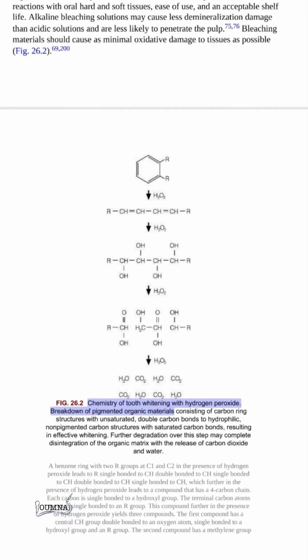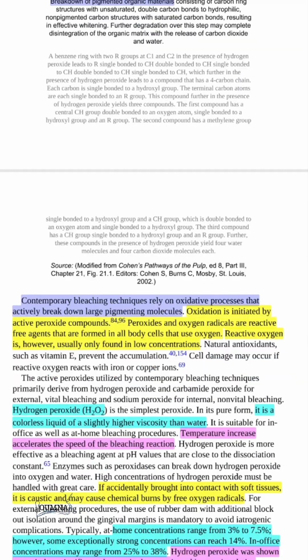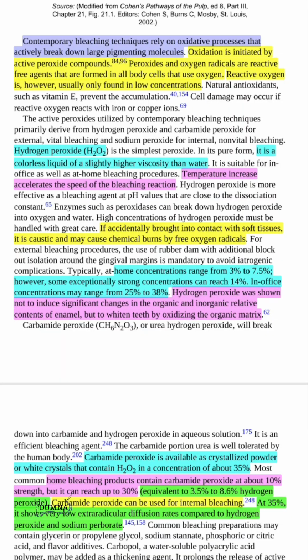So its light absorbing and reflecting properties are altered, resulting in a more white appearance. And what is responsible for this action is the peroxide compound and the oxygen radicals that are so reactive and do this oxidation process.